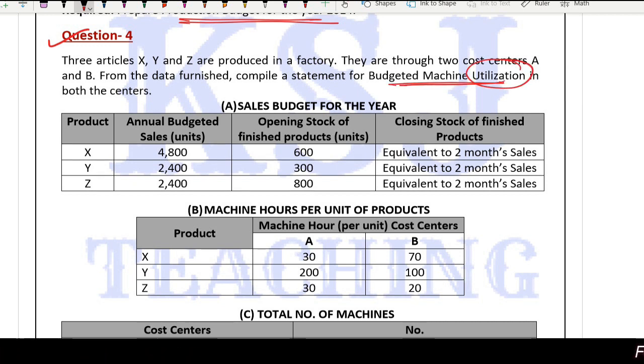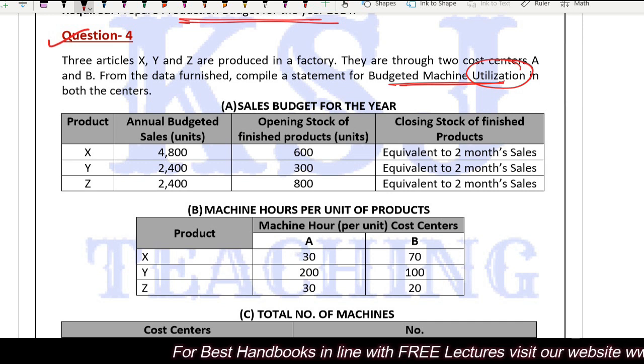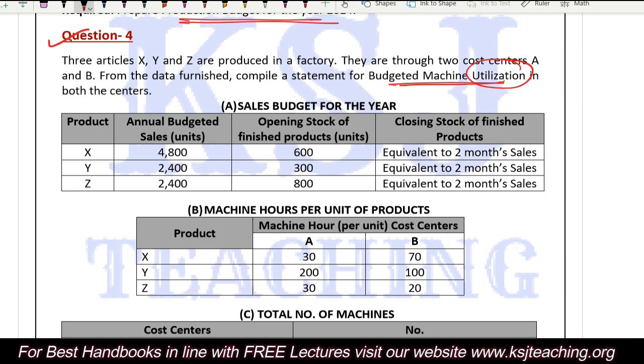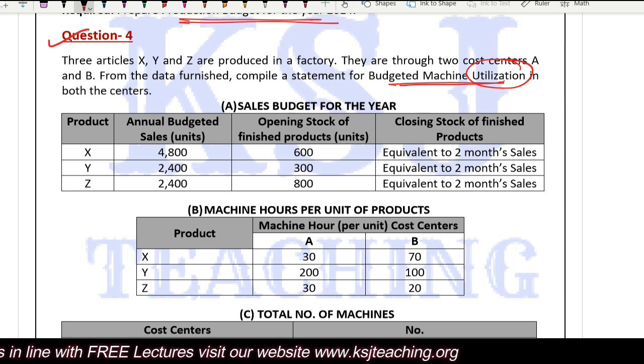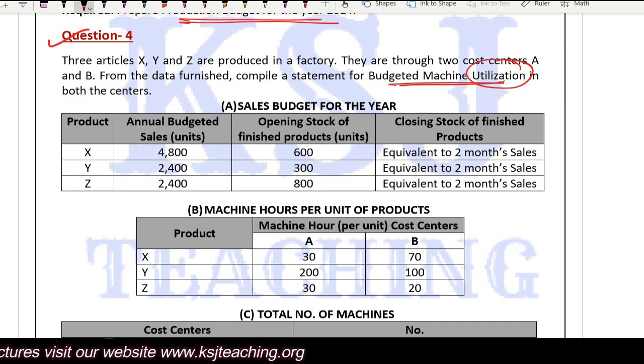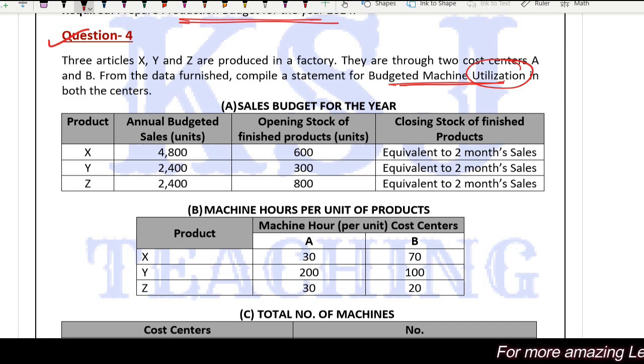So there is a machine installed in the plant. We want to see that depending upon what we want to produce, what will be the utilization of that machine, right? Whether we are going to utilize it 100% or to the extent of 50%. Say a machine has the capacity to manufacture 1 lakh units, but depending upon the sale projections, we have decided that we are going to manufacture only 50,000 units.